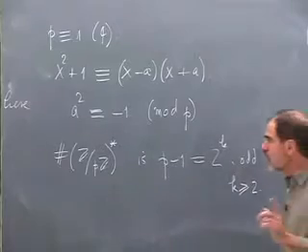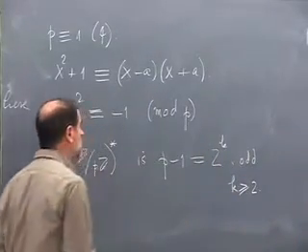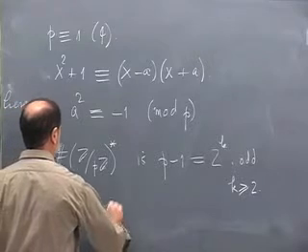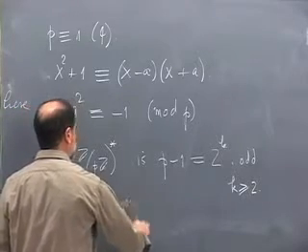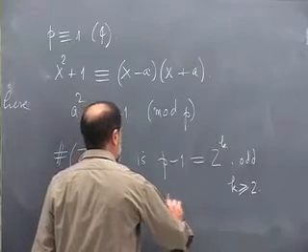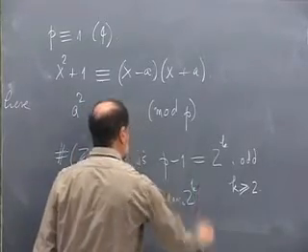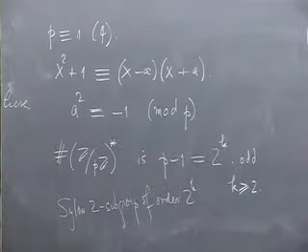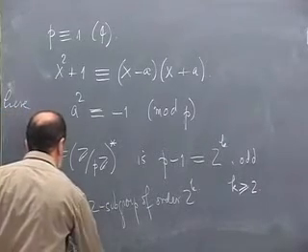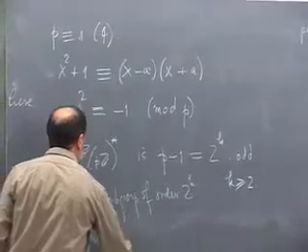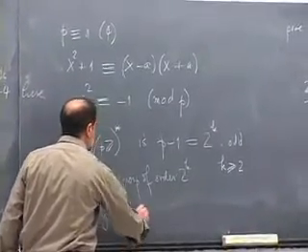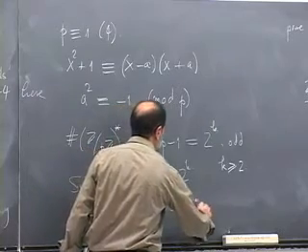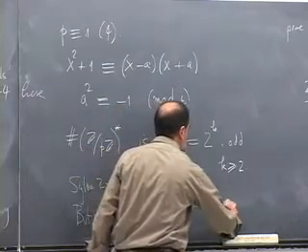Consequently, the Sylow 2 subgroup of it has order 2 to the k. Okay, but I claim that not all elements have order 2, but the only elements of order 2 are plus or minus 1 mod p.